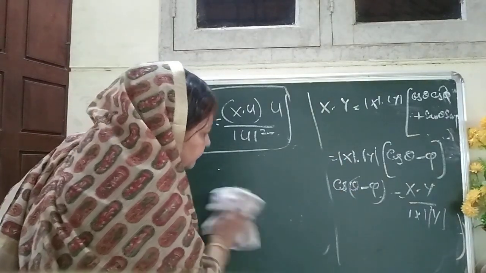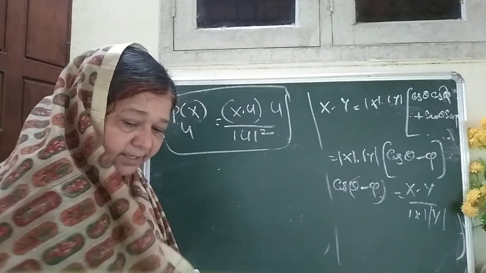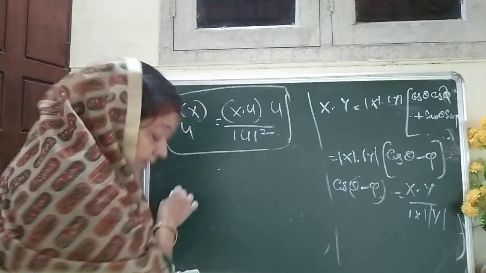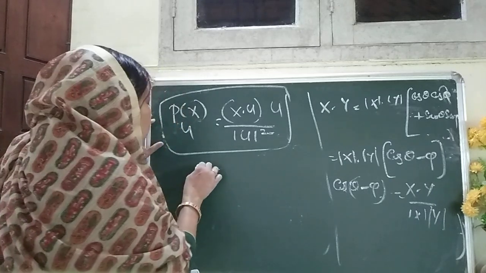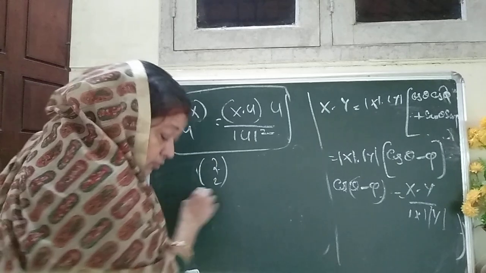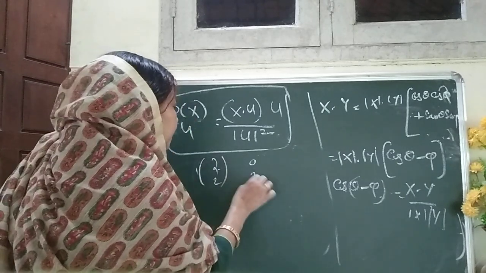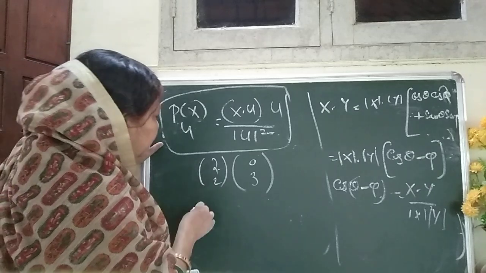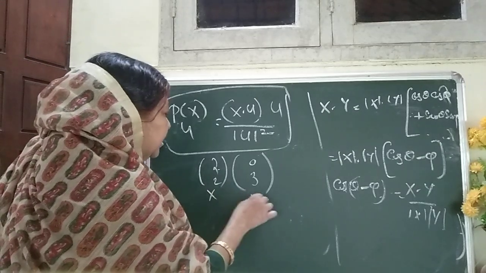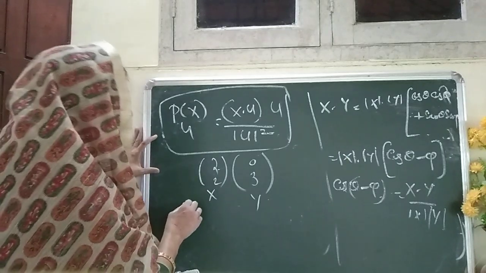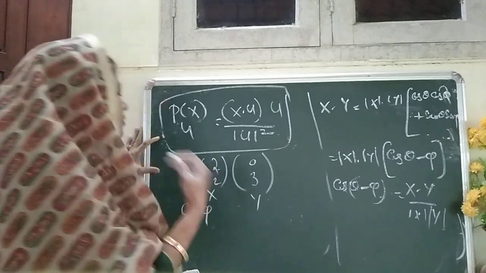Then, let us find the angle between the vectors, for example, (2, 2) and (0, 3). First of all, capital X and capital Y are the vectors, and cos theta minus phi is the angle between these two vectors.